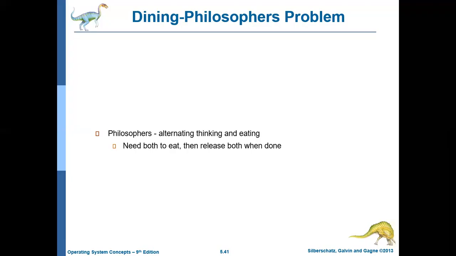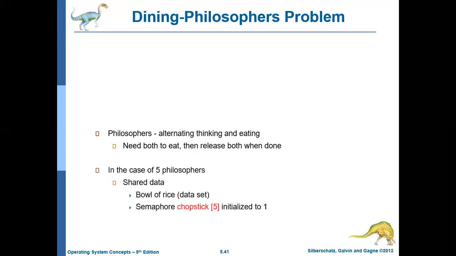If a philosopher wants to eat, then he needs both chopsticks. That is, he cannot eat with only one chopstick. So first he will pick the chopstick from his left, and then he will pick the chopstick from his right, and then he will eat. Okay, so this is the idea.